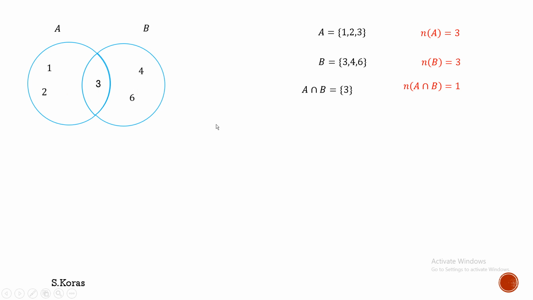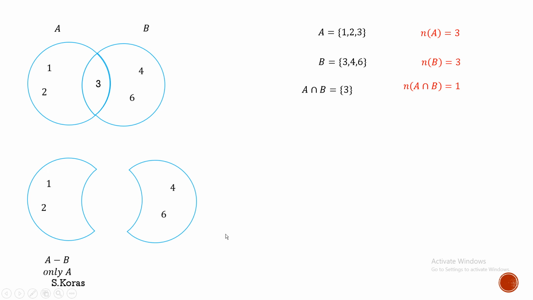This is our only A part, that is A difference B. This is our only B part, that is B difference A, and this is our A intersection B part.